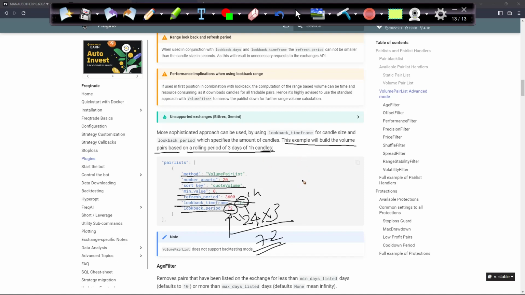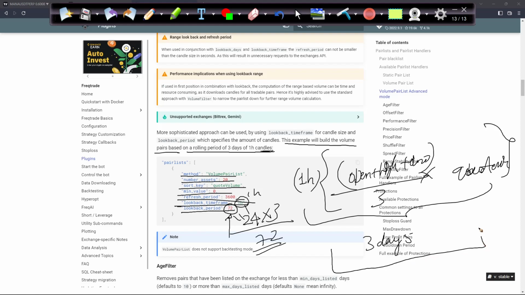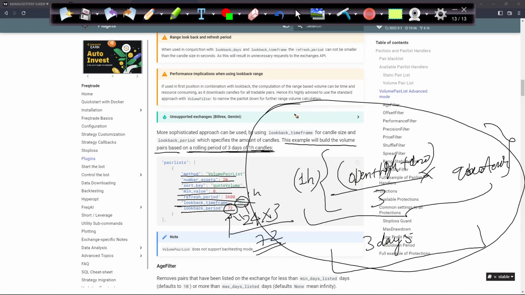So yeah, it will use the 1 hour candle open, high and low divided by 3, and it will multiply it by quote volume, and it will do this for the last 3 days rolling, and it will take the average volume, right.